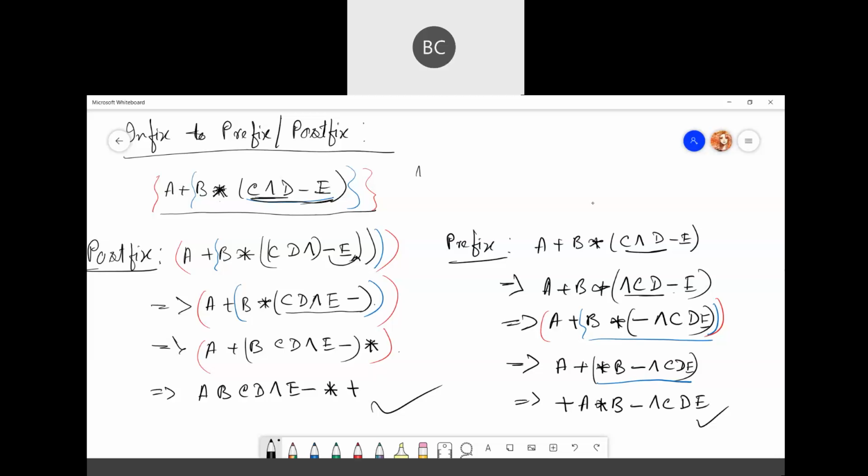Second highest is multiplication and divide, which have the same precedence but follow left to right associativity. Then third precedence is plus and minus.